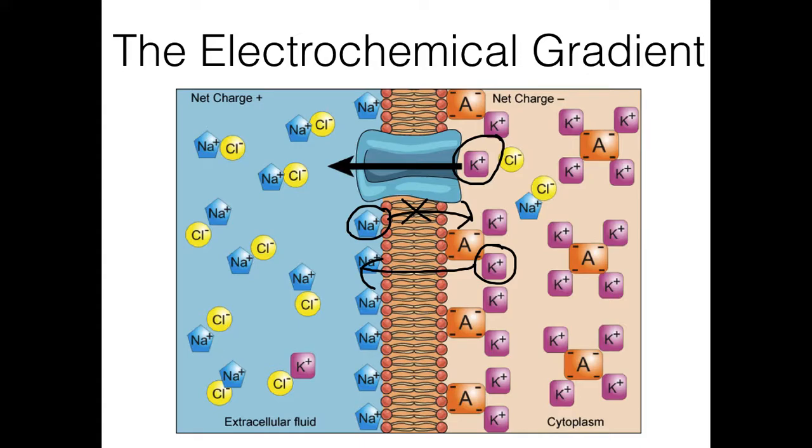A limited number of them, but potassium can move through the membrane back and forth somewhat at will. So that is the chemical portion of it. You can probably understand, oh yeah, this is a simple diffusion gradient. I know how diffusion works.